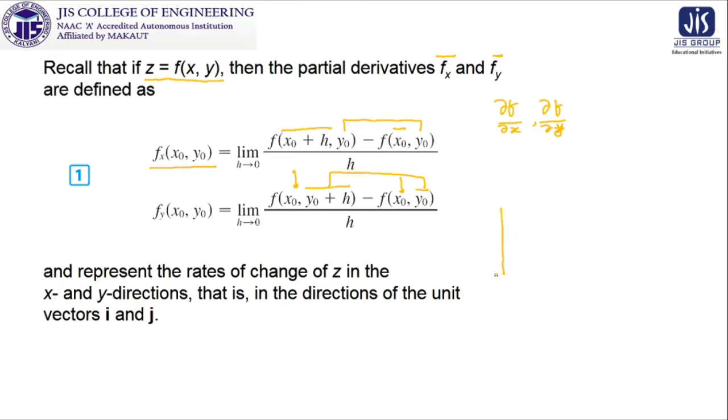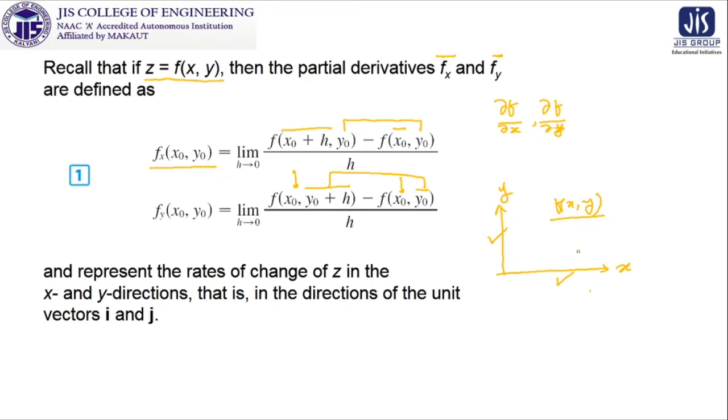So if we have the function f of x, y, then the partial differentiation of f with respect to x actually represents the change of f in this direction, and similarly fy, that means partial differentiation of f with respect to y, gives you the change in y direction.